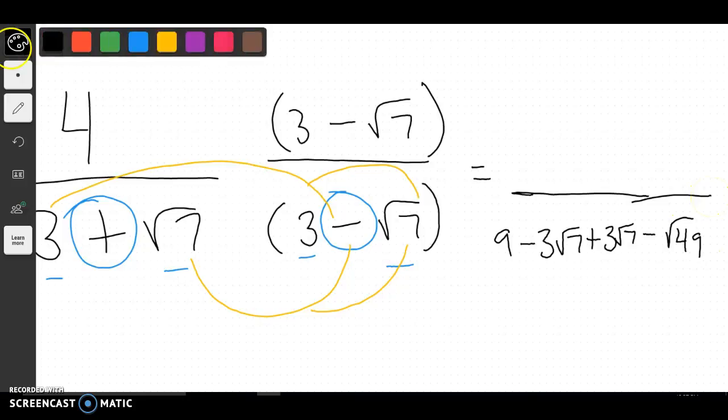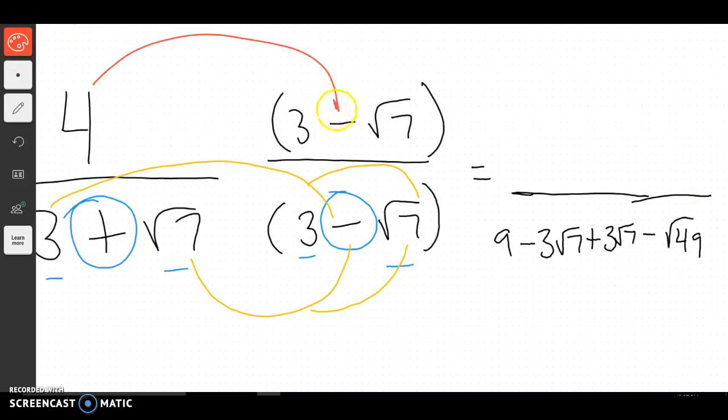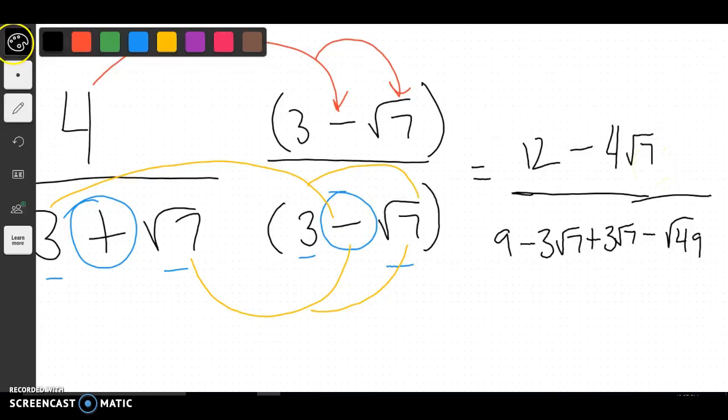I would do the same thing that works here. I would distribute the 4 to the 3 and the 4 to the 7, which would give me 12 minus 4 radical 7.